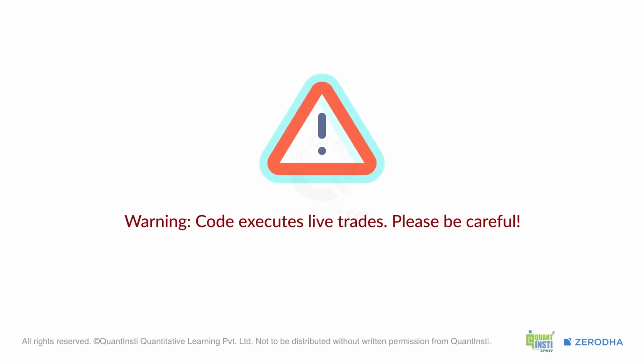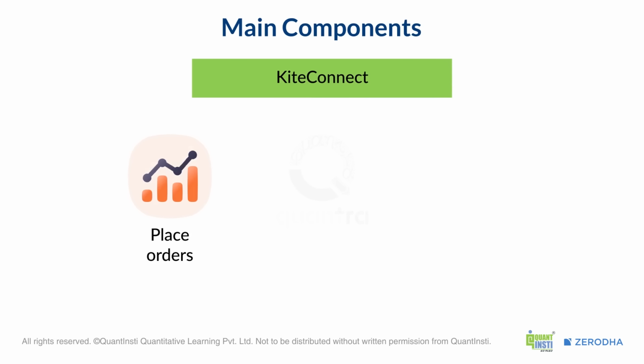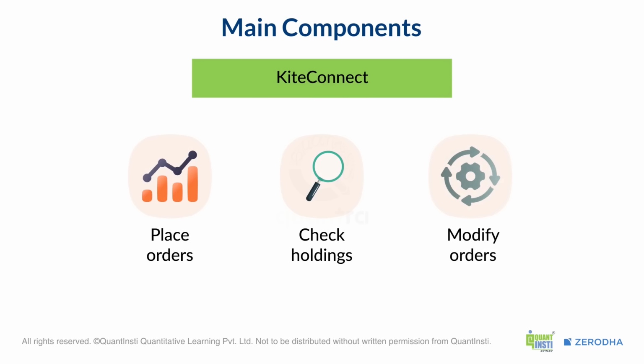Here's the plan. We'll need two main components from the KiteConnect library: KiteTicker, which we already use for the live WebSocket data, and KiteConnect, which is the main object for interacting with your account. This is used for placing orders, checking your holdings, modifying orders, and so on.